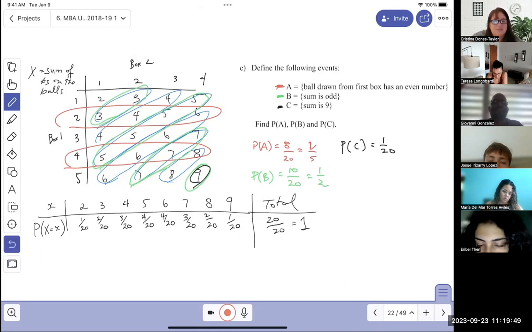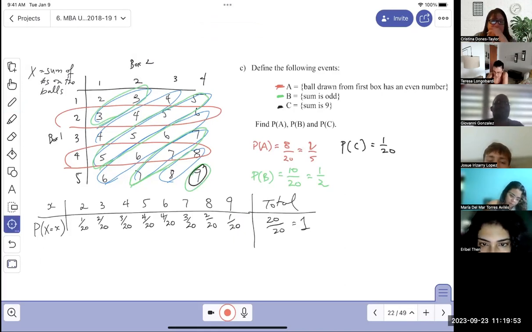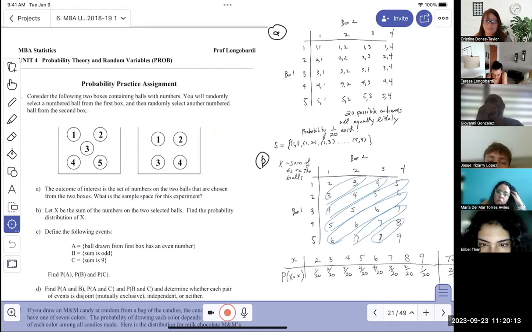Okay. All right. You can see it. Probably should have erased the blue in there, but all right, so now let's do part D. Oh wait, did we finish C? Yes.